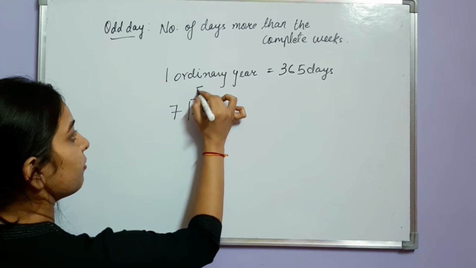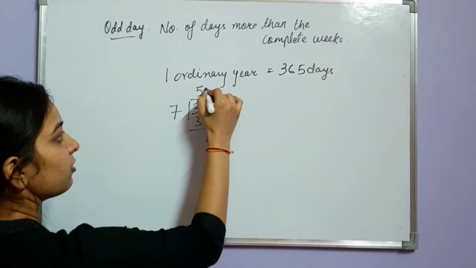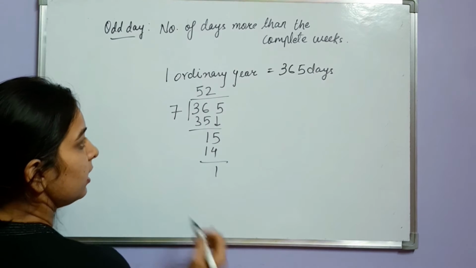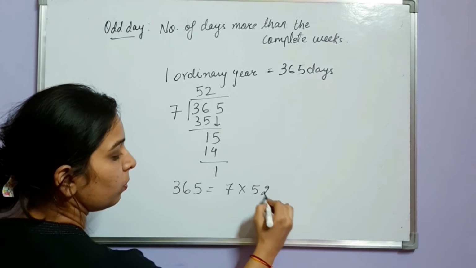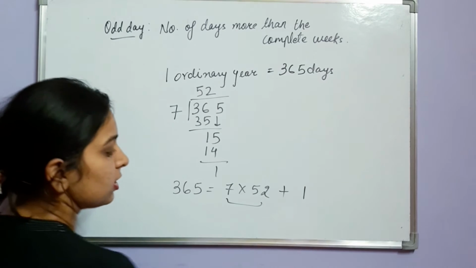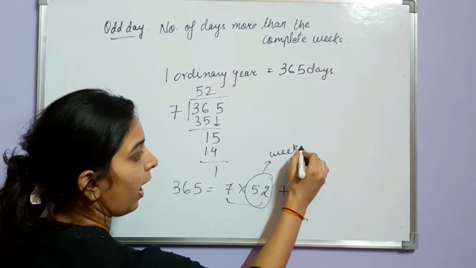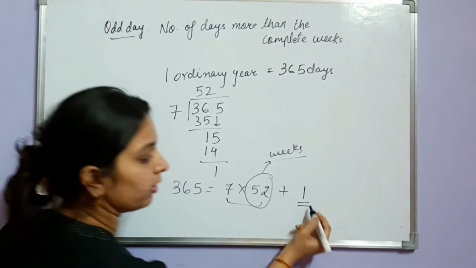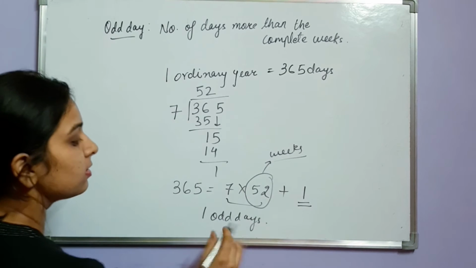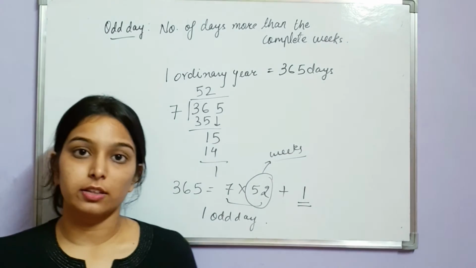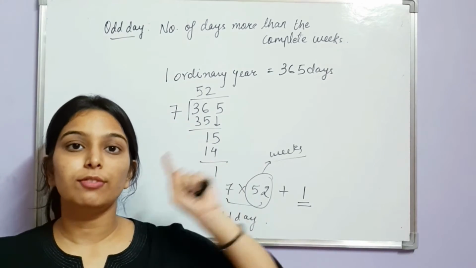This means we can write 365 as 7 into 52 plus 1. So we are going to have 52 weeks and the number of days left is 1. So we are going to have 1 odd day. That means in an ordinary year, which comprises 365 days, we are going to have only 1 odd day.